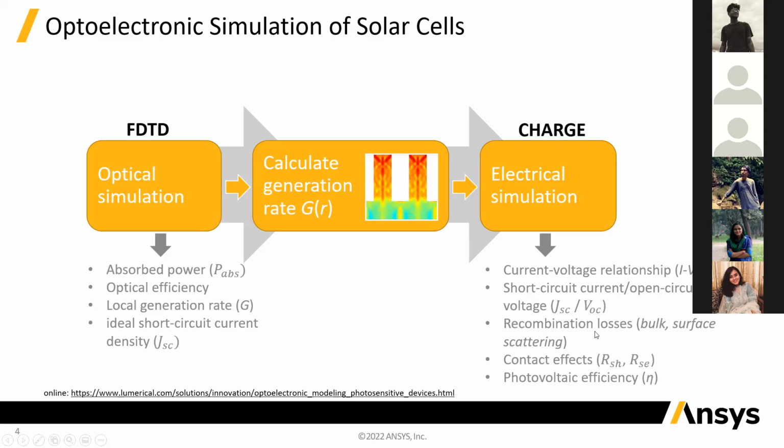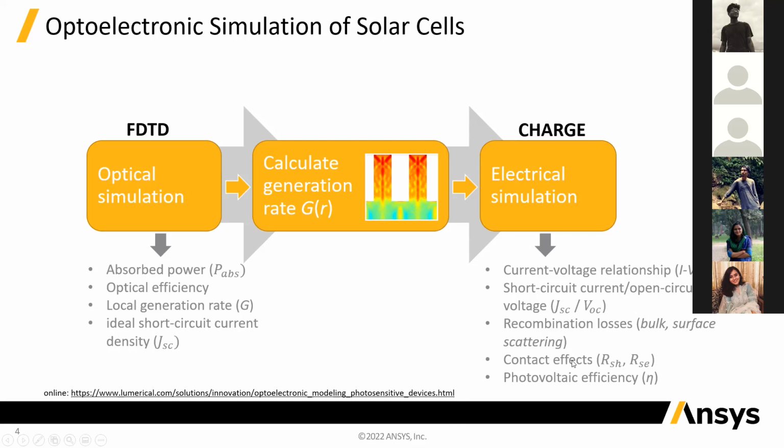You'll capture the effects like recombination losses, which can happen in the bulk of the semiconductor or at the surface of the semiconductor, which is much more critical in a lot of cases because these devices are becoming so thin that the surface effects are much more important. And we'll see from our simulation that that's where most of the absorption happens as well. So the surface scattering is very important.